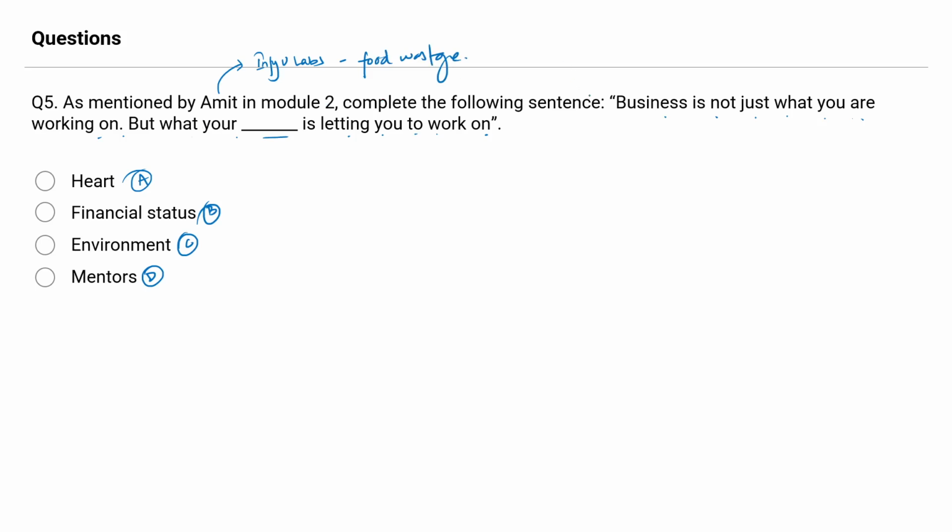He says business is not just what you are working on, but what your dash is letting you work on. You've got four options: your heart, your financial status, your environment, or your mentor. So take some time and let me know what could be the right answer.